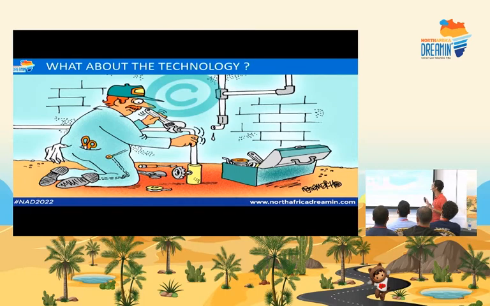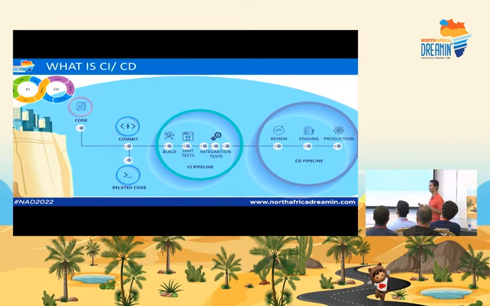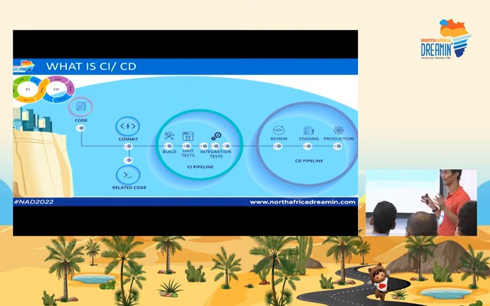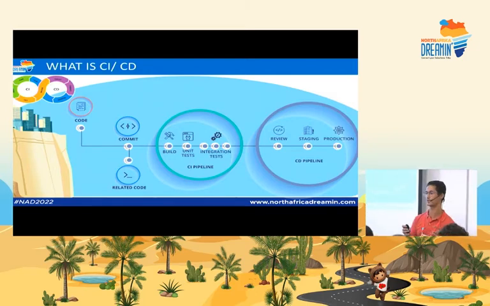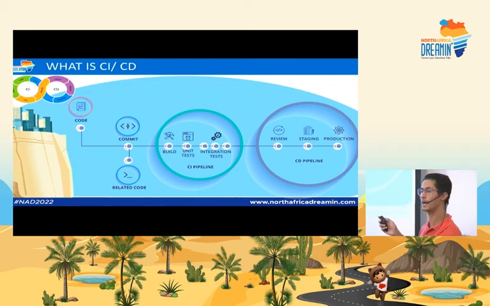Now, what about the technology? For those who don't know what CI/CD is, I believe most of you do, but I'll explain it for the sake of the presentation. CI/CD is basically a set of practices that will help you promote your changes from one environment to the next environment until it gets deployed to production. CI stands for continuous integration, which is the fact that you are going to integrate your metadata into your repository by respecting a set of validations.